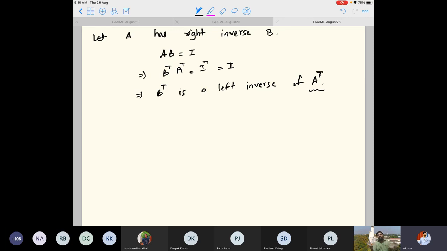Columns of A transpose are rows of A, right? So if a right inverse exists, then the rows are linearly independent. The equivalent result on the existence of a right inverse we will show is that if the rows of A are linearly independent, then and only then the right inverse of A will exist. Okay, so that is something that is immediately clear.